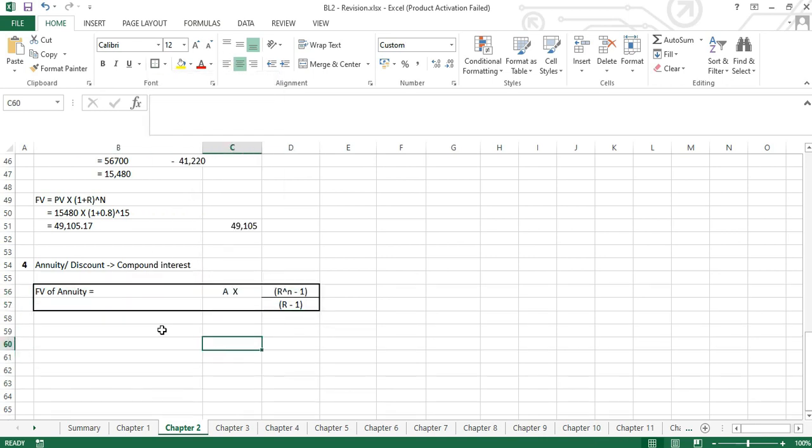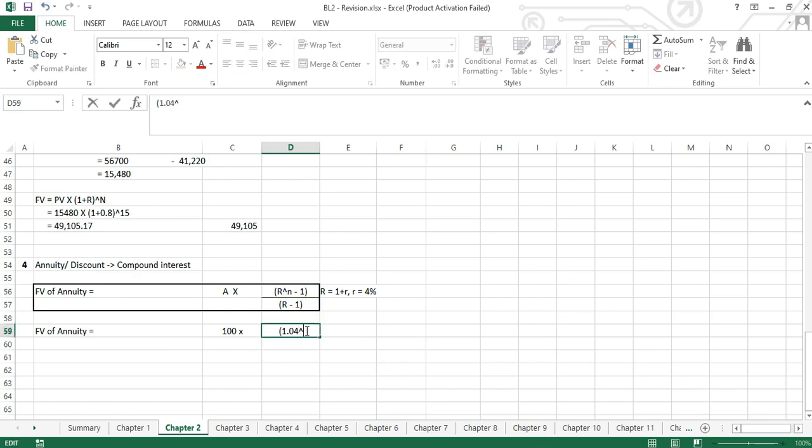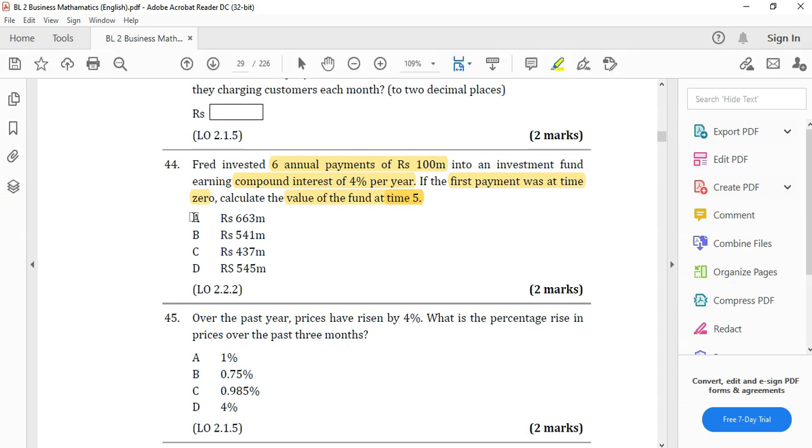Now substitute the values straight away. The annuity value is 100, actually it's 100 million, multiplied by 1.04 to the power 6 payments we make, minus 1, divided by 1.04 minus 1. So the final answer will be 663 million. This is in millions because the 100 is in millions. So your answer here must be A.